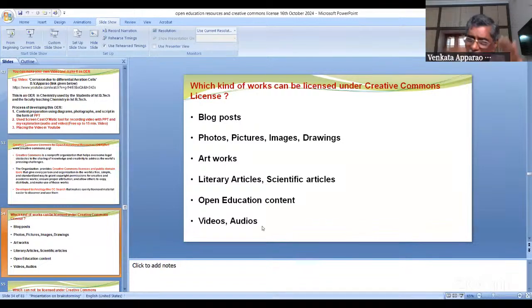Creative Commons is an organization which gives license for all the OERs. It is exactly opposite to the Copyright Act, whether it is Indian Copyright Act, right? Therefore, we say it is copyleft.